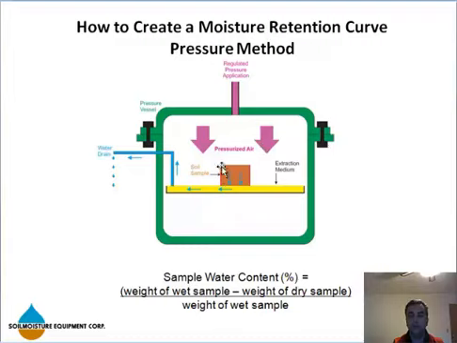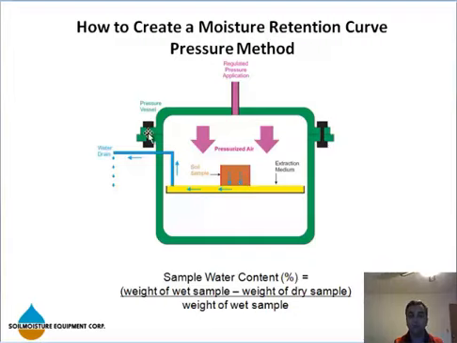Because your sample is saturated, it starts draining, but at some point it stops draining. At that point, you say, okay, my sample has come to equilibrium with the pressure. In other words, you can say that the moisture level of your sample is at 1 bar.